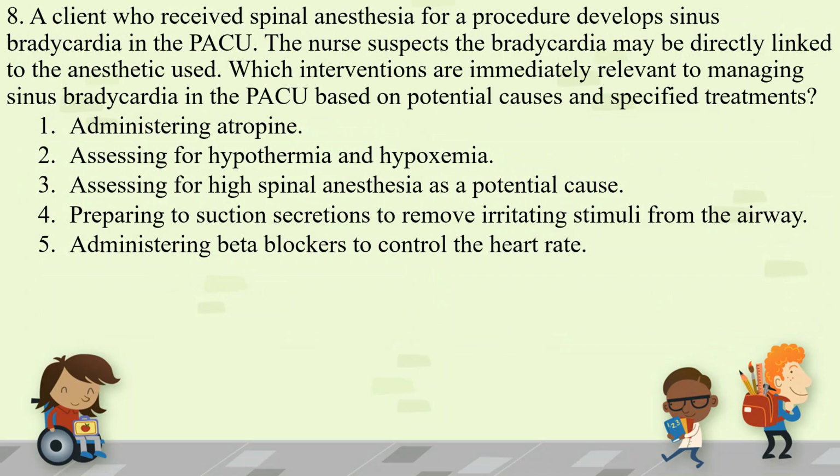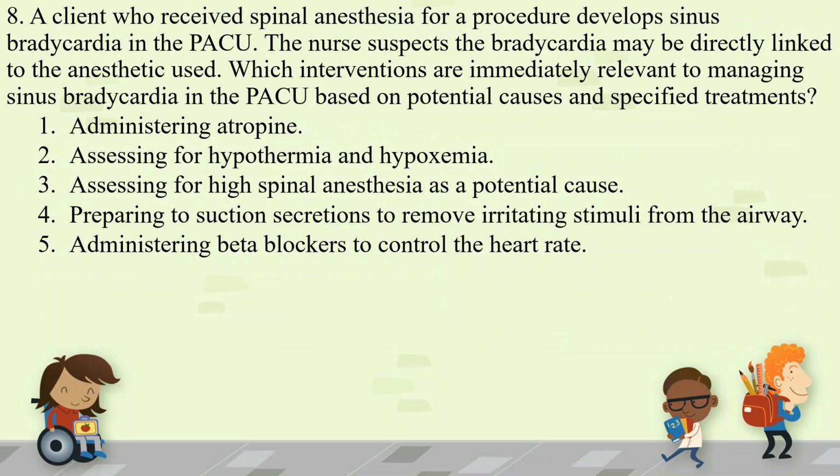Of course, sinus bradycardia can be caused by vagal stimulation, and that includes hypoxemia, hypothermia, high spinal anesthesia, and certain anesthetic drugs. So atropine is actually a medication that is usually used for treatment.